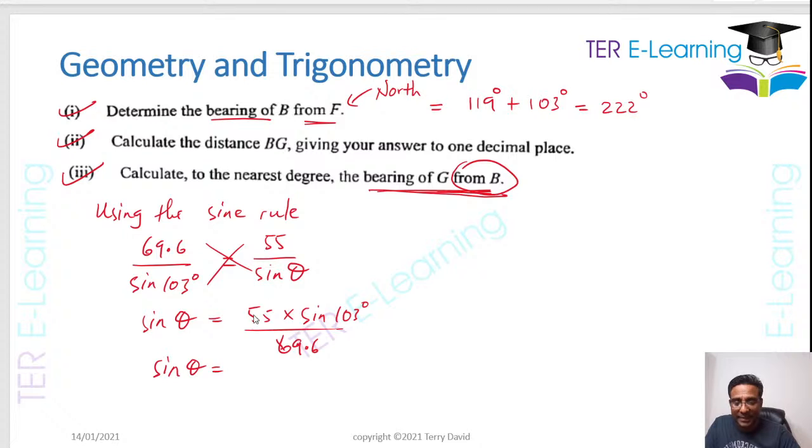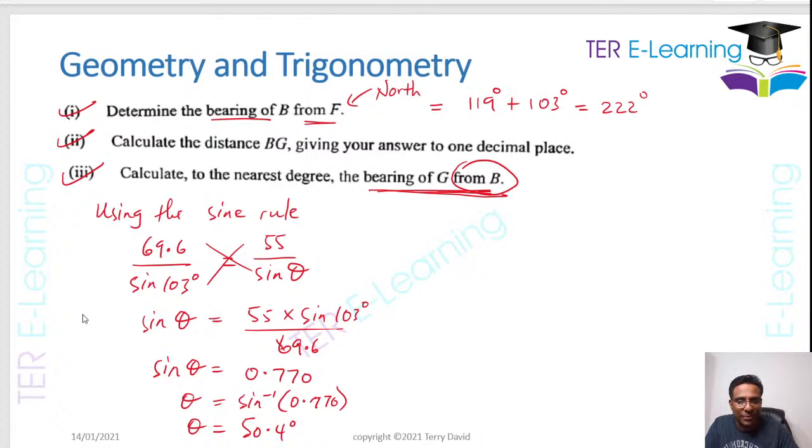And what I'm going to get is 0.770, right? So theta is going to be, you're going to use a calculator to do this, second function sine, and that's going to give me 50.4 degrees, right?